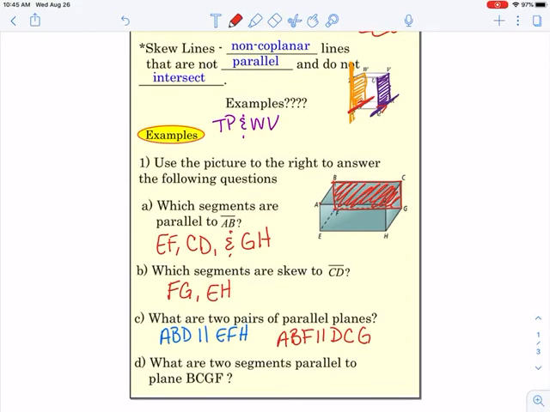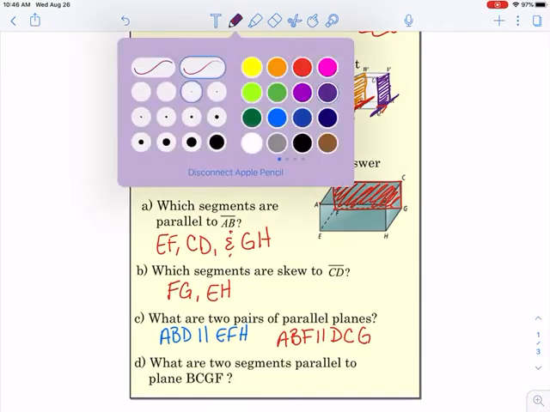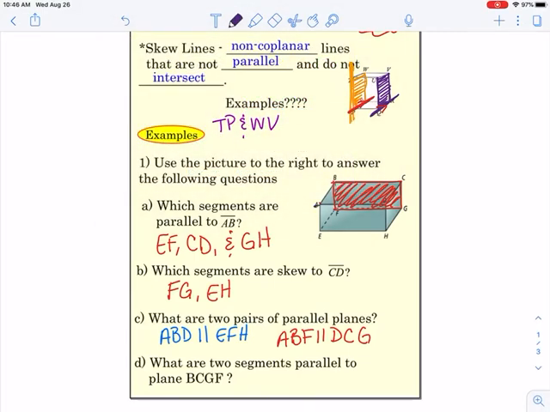So two segments that are going to be parallel to that. How about segment AD, which you can't see the D right now because I so nicely drew over that. But that segment right there going across the bottom side of that box is going to be parallel. And the other one on this side is also going to be parallel. So how about AD and EH?